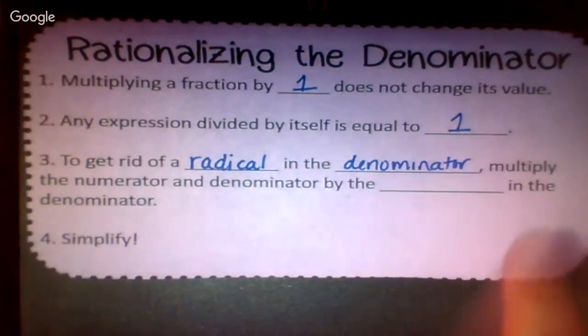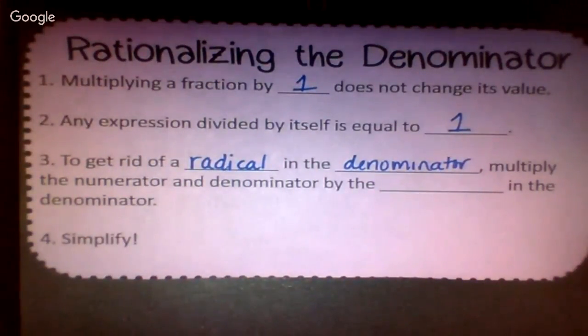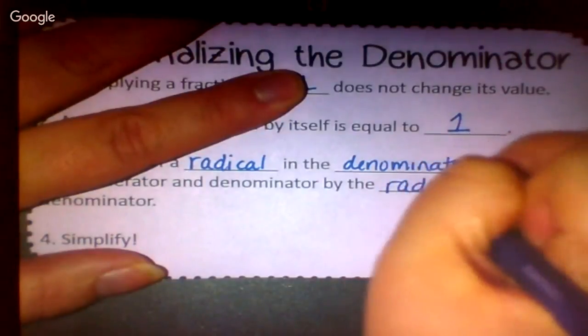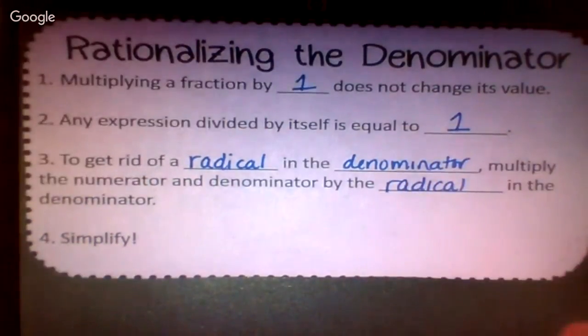If I'm in the denominator, what part of the fraction am I in? The bottom. Good. So to get rid of a radical that's in the denominator, we multiply both the numerator and the denominator by the radical in the denominator. And then we simplify.